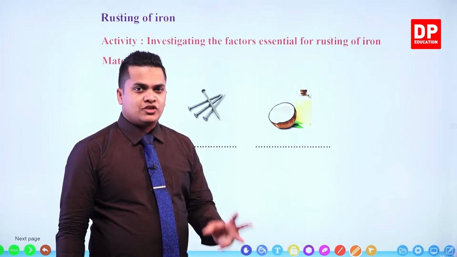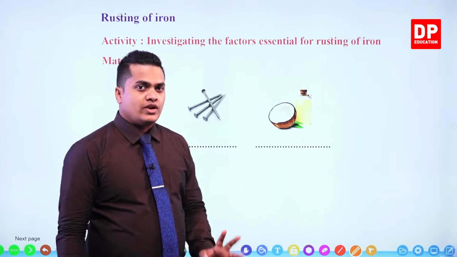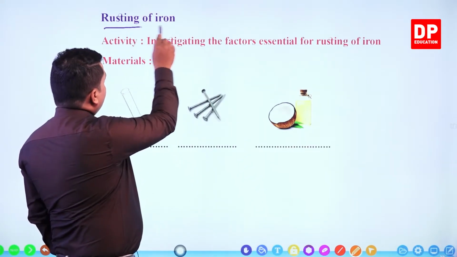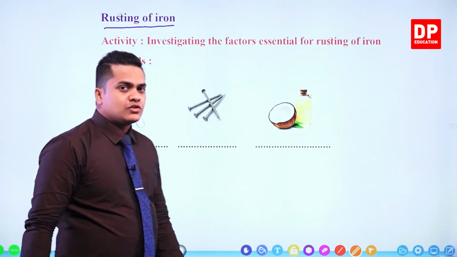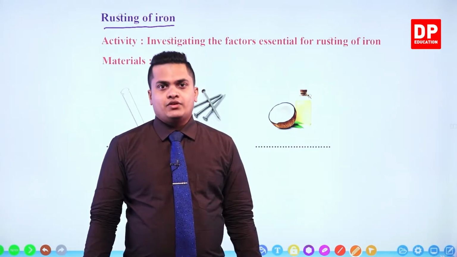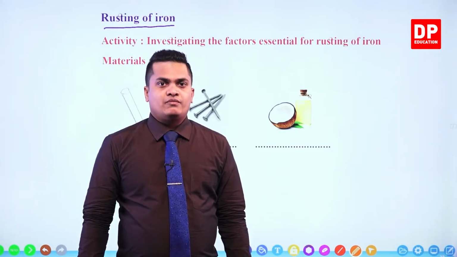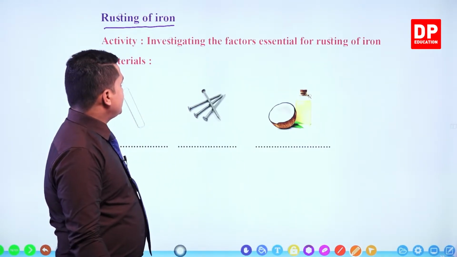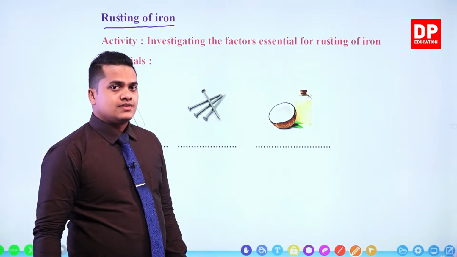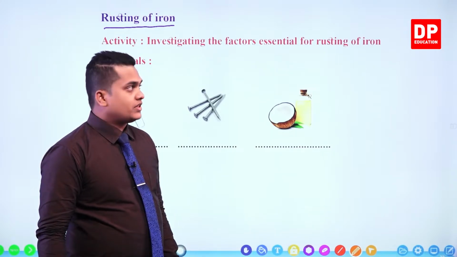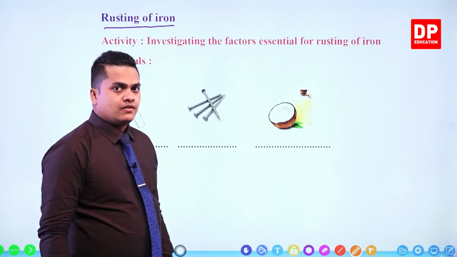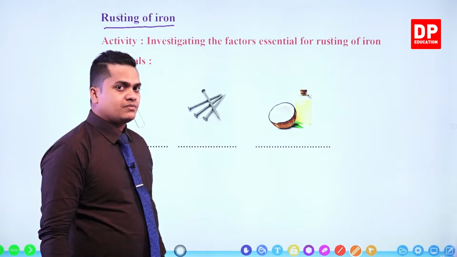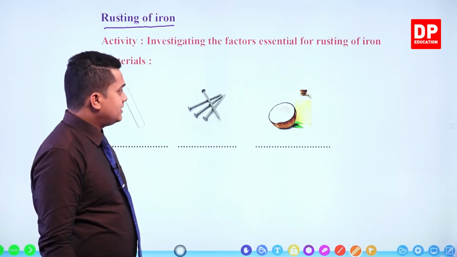This tarnishing process of iron is called rusting of iron. To investigate the factors which are essential for the rusting process, you are given an experiment and we'll conduct this activity.